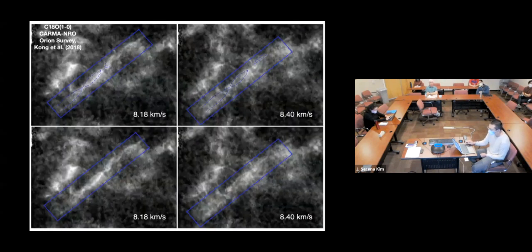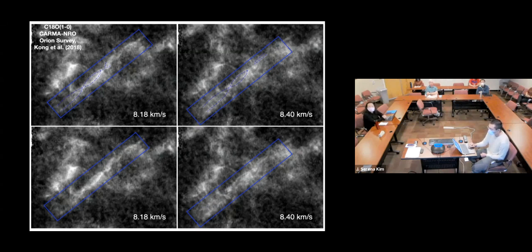So one thing we noticed that was pretty interesting is in the C18O (1-0) molecular line data, when we combined the interferometer data from CARMA and single dish data from Nobeyama to get a relatively high resolution, high dynamic range image of the C18O.